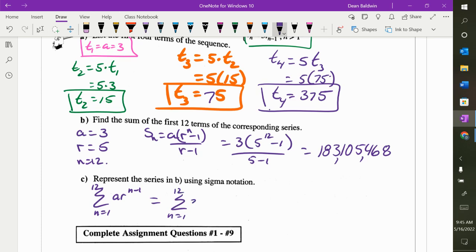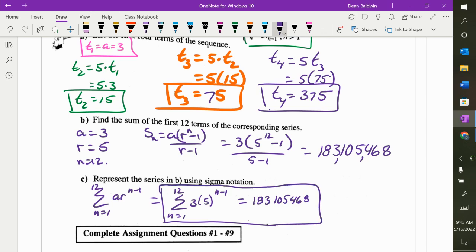A value was 3. R value was 5. And there it is. That's the series in sigma notation. From 1 to 12, that will equal 183,105,468. And there you go. That's it.